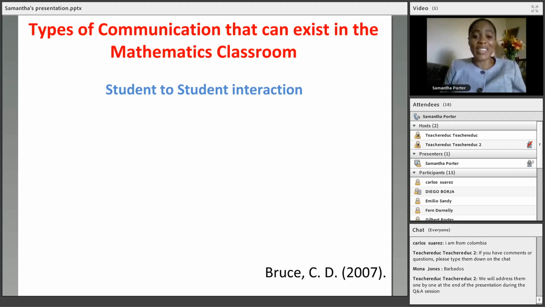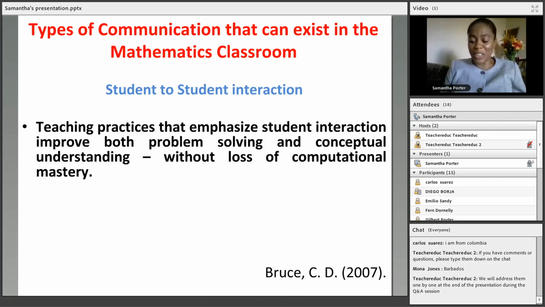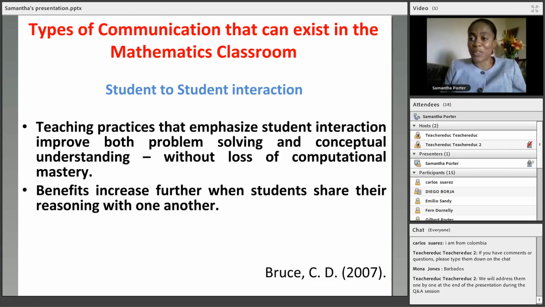This is the student-to-student interaction we want to see in our classroom. Teaching practices that emphasize student interaction improve both problem solving and conceptual understanding without loss of computational mastery. In addition, benefits increase further when students share their reasoning with one another.